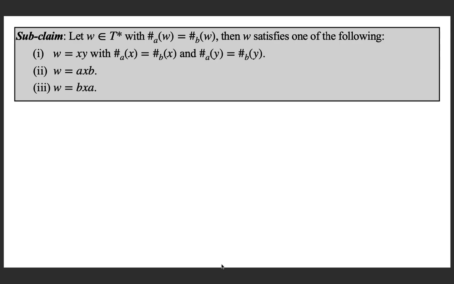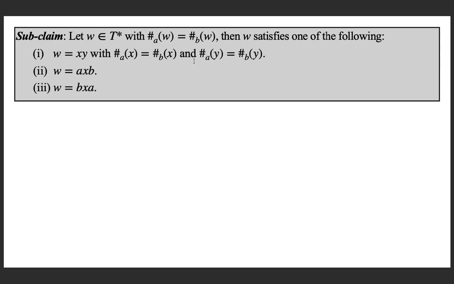And what is the subclaim? If W is a string of terminals with an equal number of A's and B's, then we are claiming that W is of one of these forms. That is, W is a concatenation of X and Y such that both X and Y will have an equal number of A's and B's.